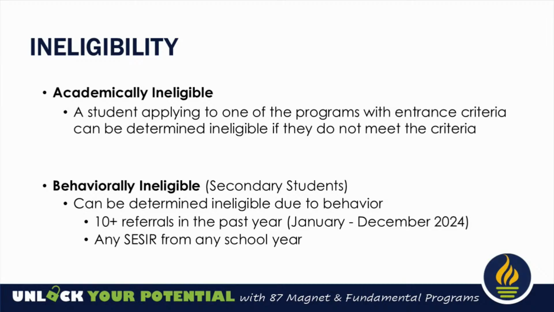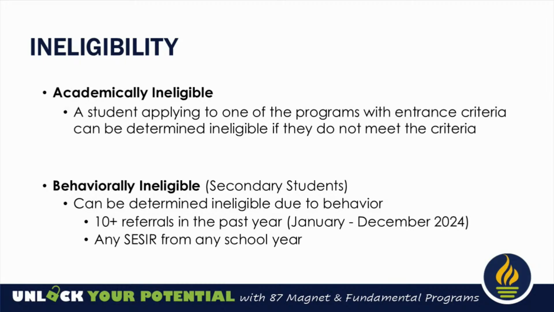The other thing that you'll notice there on the bottom is behaviorally ineligible, and this applies only to secondary students. This just means that students can be determined ineligible for district application programs, for our magnet and fundamental programs, due to behavior. So we will look at any student who has 10 plus referrals in the past year, so the past 2 school semesters from January to December of 2024, and or any assessor from any school year.